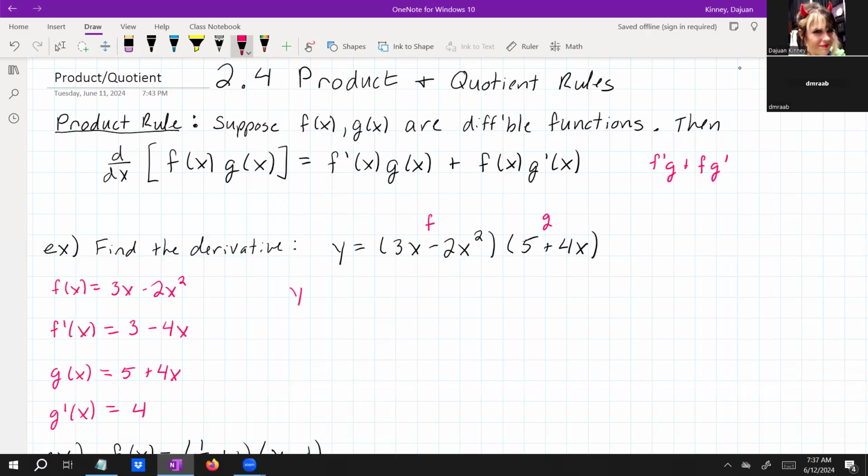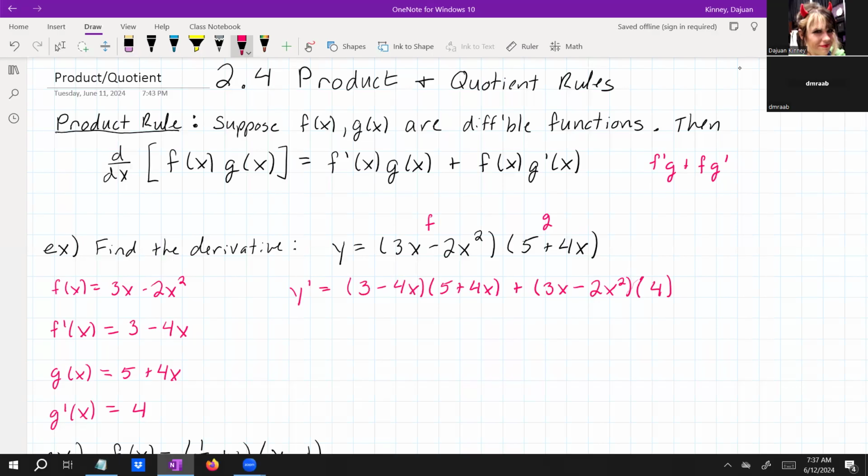You can say y prime equals the derivative of the first thing, 3 minus 4x, times the second thing plain as is, plus the first thing as it was, 3x minus 2x squared, times the derivative of the second, which is just 4.